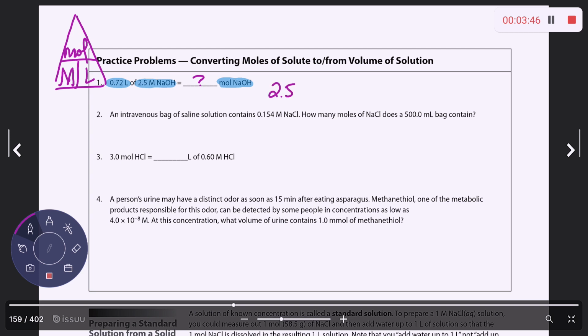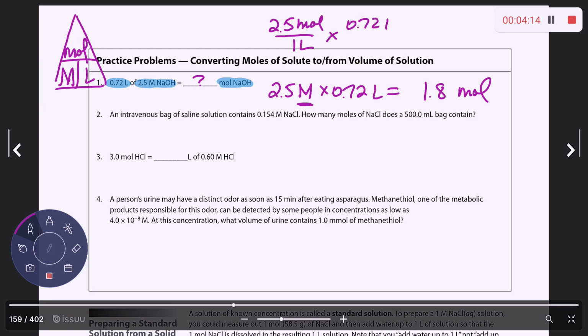So 2.5 molarity times 0.72 liters will give us moles. You want 2 sig figs because that's the fewest that we have. You're going to end up with 1.8 moles. We could have also written molarity out in moles per liter, and that would show you 2.5 moles over 1 liter, which is the same thing as molarity, times 0.72 liters. That will cancel liters, and that's how we get moles.